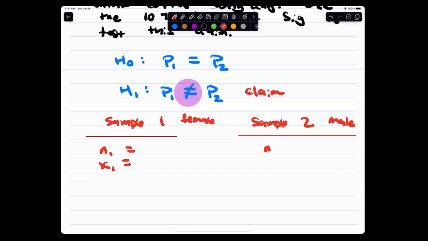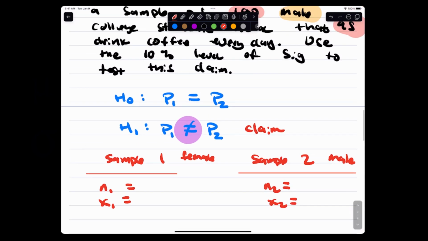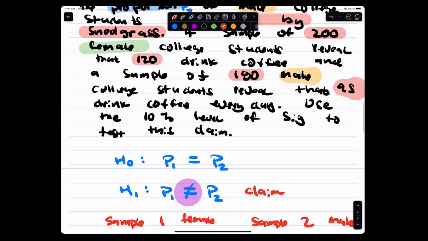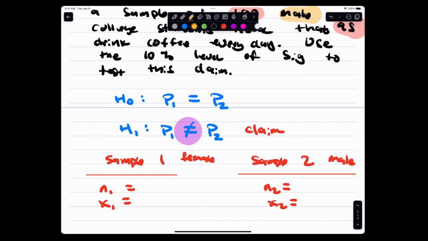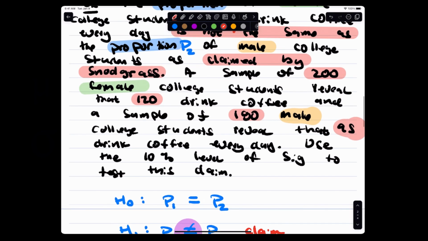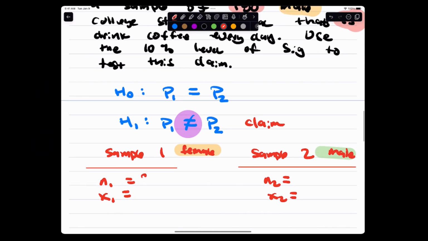So read the information and write it down, okay? Wasn't the first group the females? Yeah. Females versus males. Female here, and then male here, and an X. So 200 and 120.